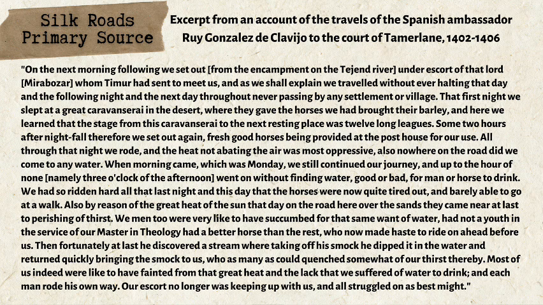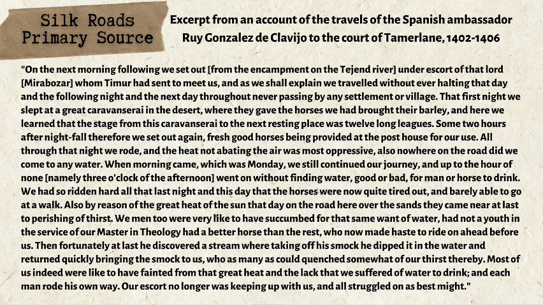And it reads, "On the next morning following, we set out from the encampment on the Tehen River under escort of that lord Mirabazar, whom Timur had sent to meet us, and as we shall explain, we traveled without ever halting that day and the following night and the next day throughout, never passing by any settlement or village.